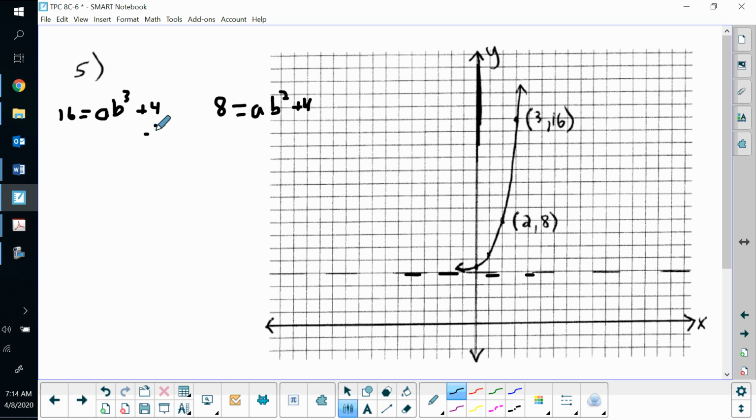First thing we should do, subtract that 4 from each side. That'll give us 12 equals a times b cubed, and 4 equals a times b squared.